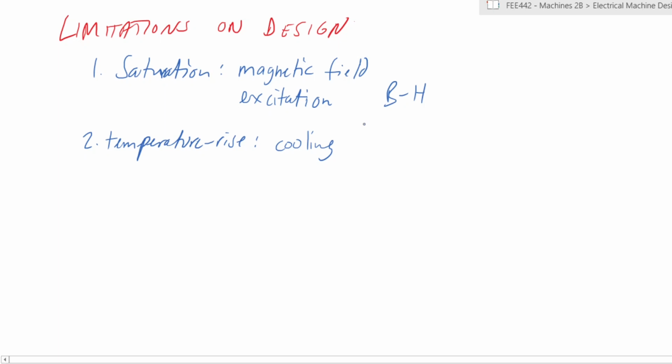Will you require water cooling? Can the insulation withstand the heat? Generally, the conductors will not likely be affected by the temperature rise. However, insulation can tend to break down, and in the selection of insulation, you need to take temperature rise into consideration. That brings us to insulation itself as a limitation.